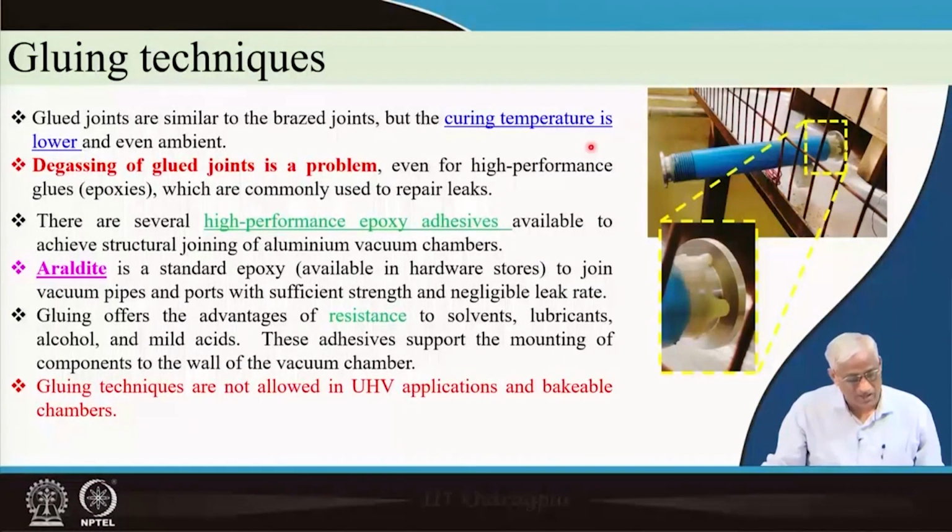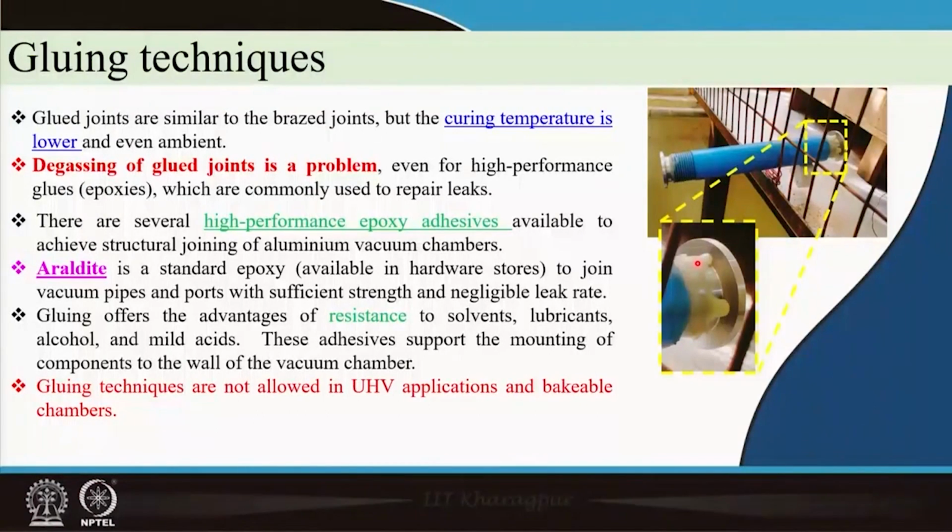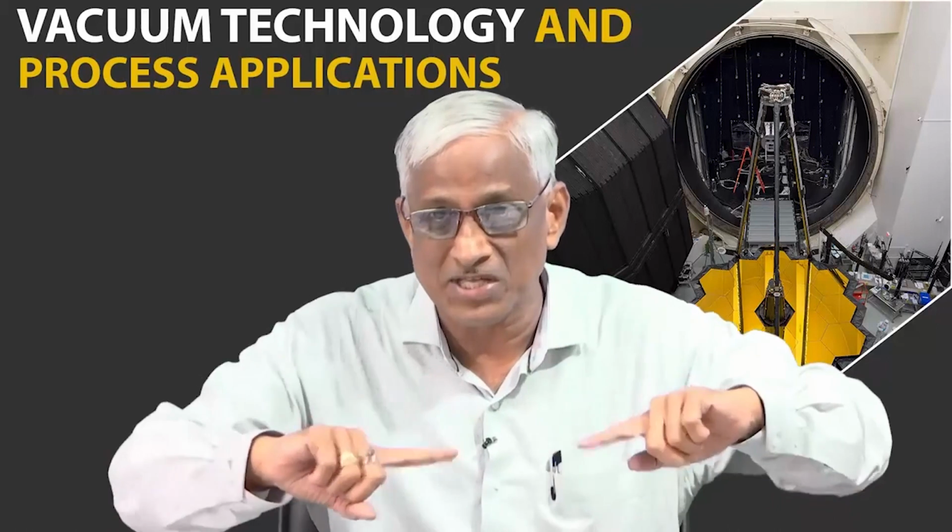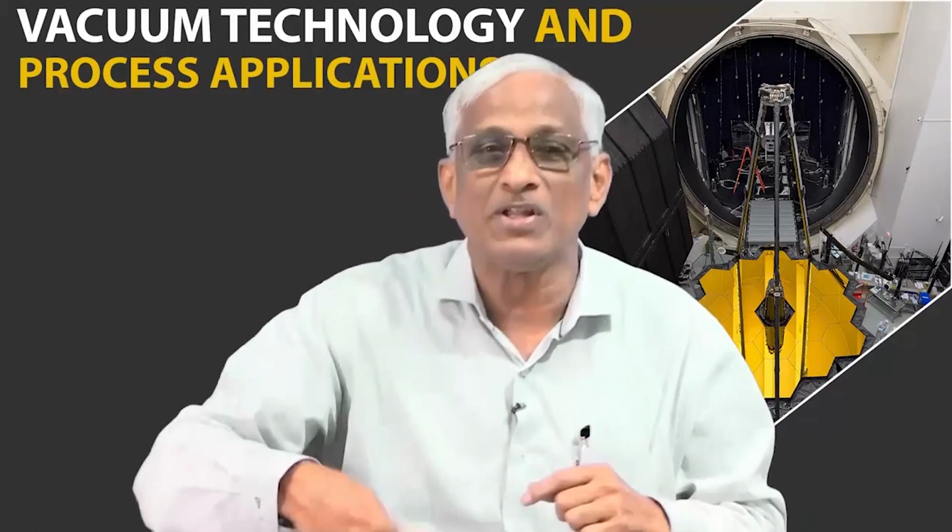So, glued joints are coming up, it depends on the curing temperature etc., but you have to keep track of leaks through them. If there is mechanical stress, you should not rely on glue alone, or you should give a threaded joint so that it is mechanically strong, add some additional stitches and then apply the glue.